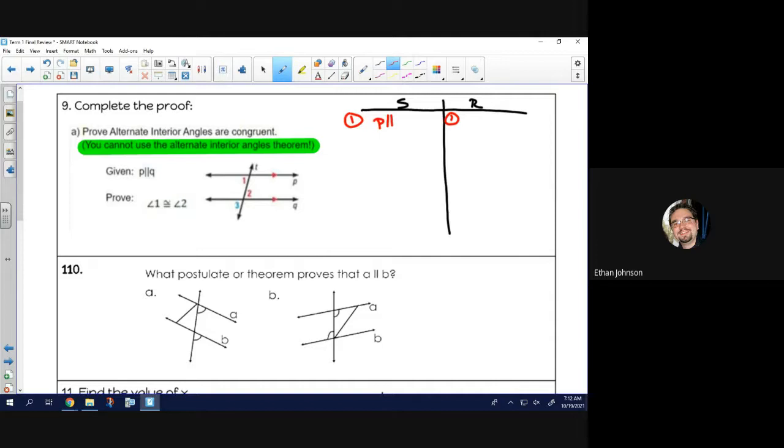P is parallel to Q. That right there unlocks our relationships, but unfortunately, alternate interior is still not usable. So looking at this, we're going to state what relationship. Well, since we can't use 1 and 2, could use 1 and 3. Angle 1 is congruent to angle 3 because they're corresponding angles.